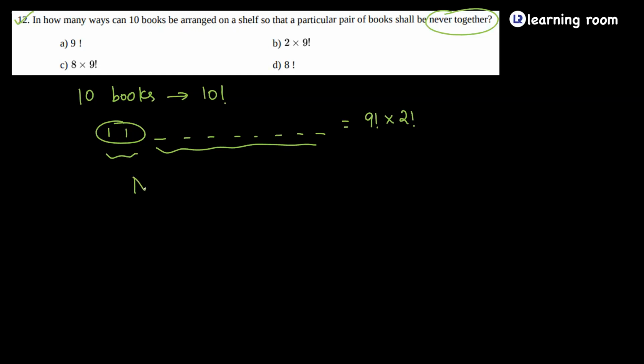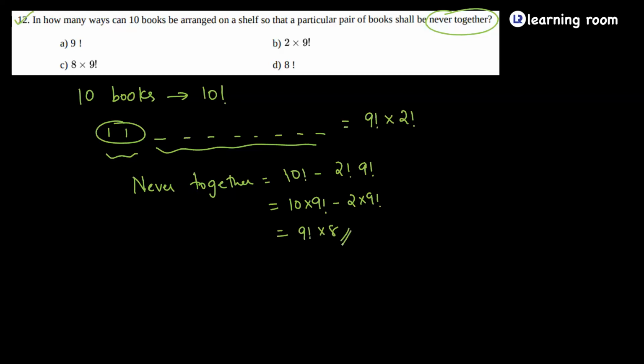So the number of arrangements for them to be never together is the total options available, 10 factorial, minus the options when they are together, that is 2 factorial into 9 factorial. So 10 factorial is 10 into 9 factorial, minus 2 into 9 factorial. Take out the 9 factorial outside, into 10 minus 2, which is 8. So 8 into 9 factorial should be the answer.